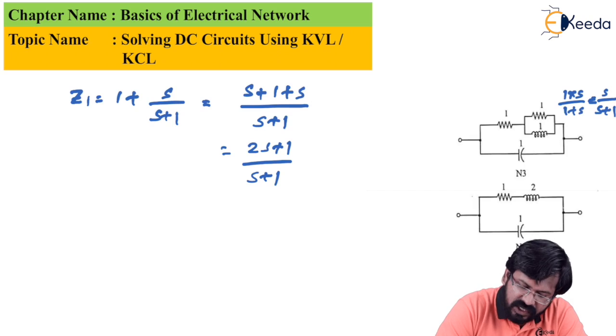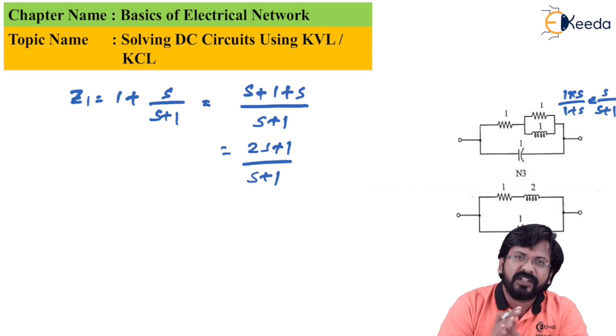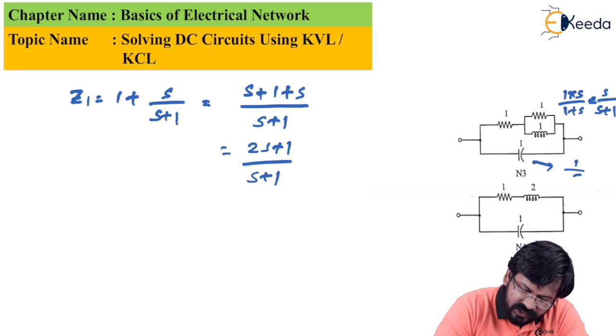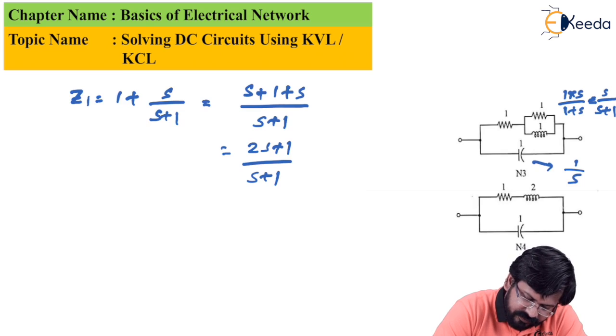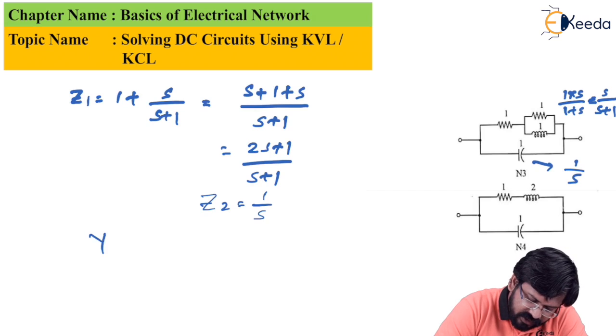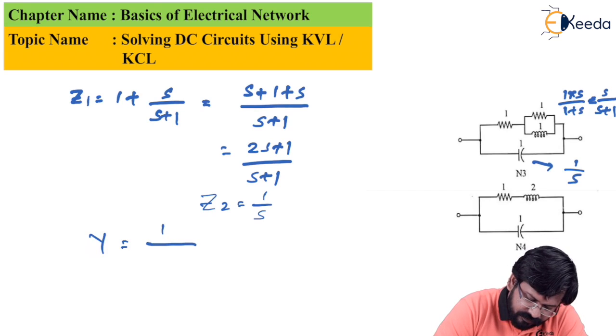And for the second branch, as we can see, there is a capacitor. So C is replaced as 1 upon Cs, so this becomes 1 upon s. So Z2 is 1 by s. But what we calculate is Y. So Y will be equal to 1 upon Z1 plus 1 upon Z2.